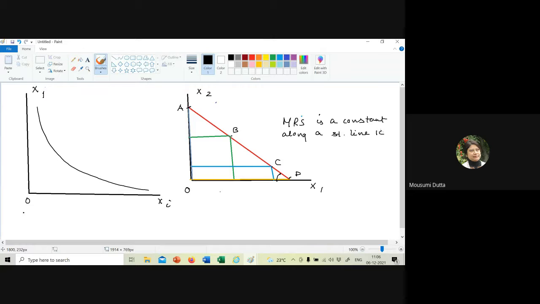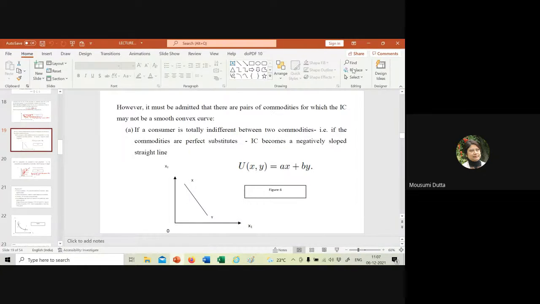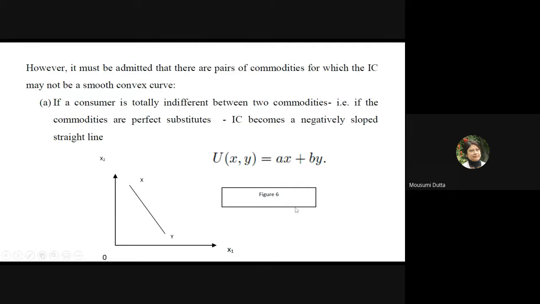This is possible only when the commodities are perfect substitutes to each other. So this is a possibility. If the commodities are perfect substitutes, then the IC becomes a negatively sloped straight line. So it is represented by a line like this, U(X,Y) equals AX plus BY.